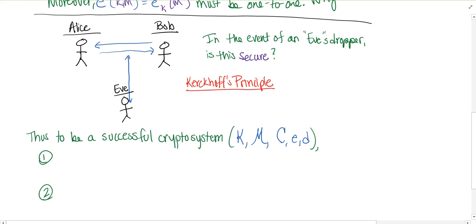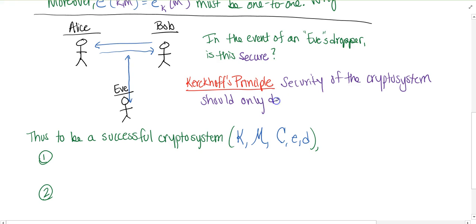This says that the security of the crypto system should only depend on the secrecy of the key.